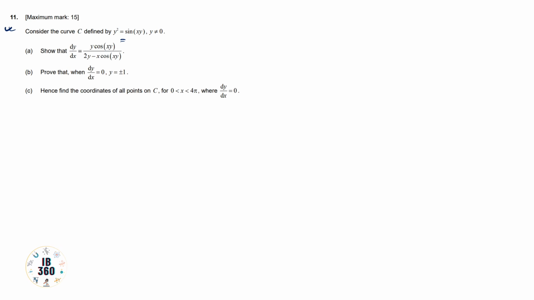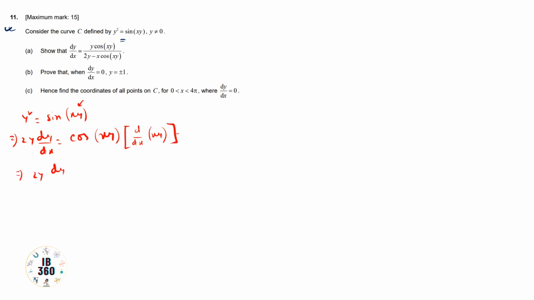Okay, so here we have our function y square equals to sine xy. If we take the derivative on both sides, it will be 2y dy/dx equals to cos of xy, and we need to again differentiate the inside part by the chain rule. So it will be d/dx of xy, you need to apply it here.